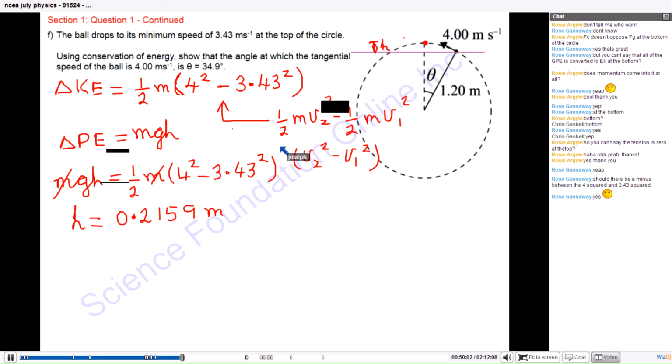So I've got that height. Now, of course, I can calculate what this side of this triangle is going to be. I'll just put that in a different color so you can see that here differently.